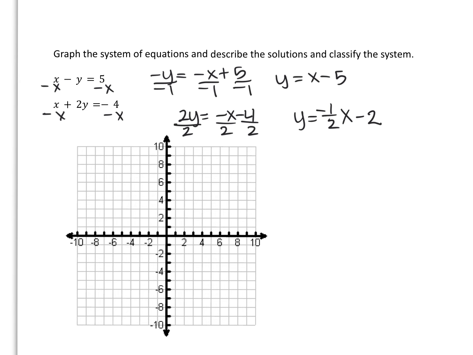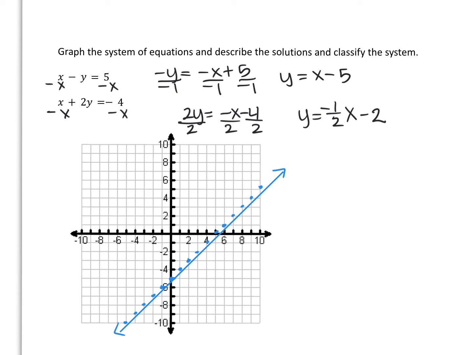At this point, I want you to go ahead and pause the video, graph both of the lines, and see if you get the same solution that I do. Okay. So if I start at negative 5 and I apply my slope of positive 1, your line should look like this.